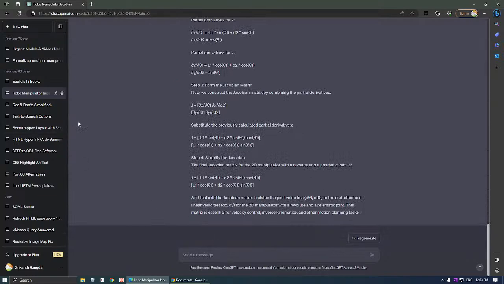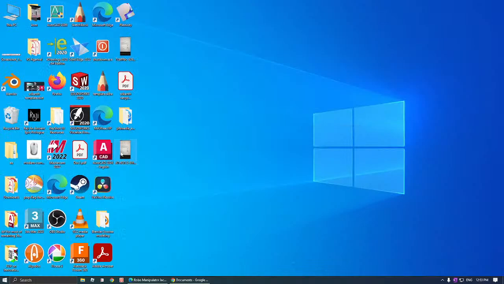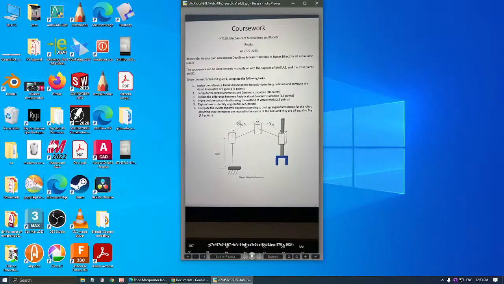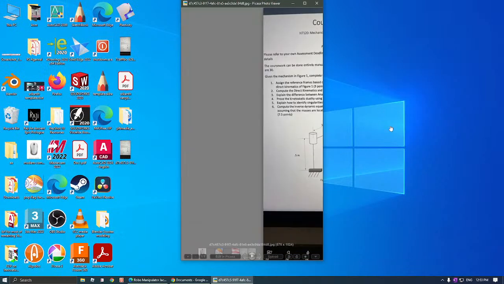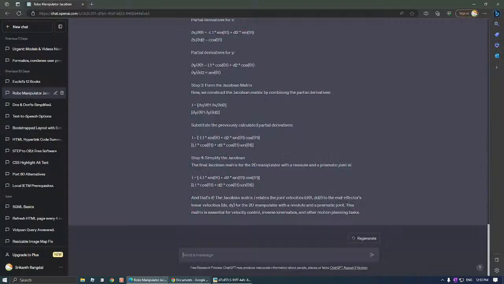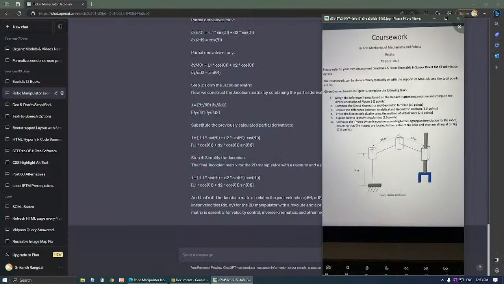Right, so coming back to that particular thing, I think I have an image right here. Okay, yeah, this is the assignment that I was supposed to do for a student, but I wasn't able to do because I didn't have an idea about the dynamic equations and all.